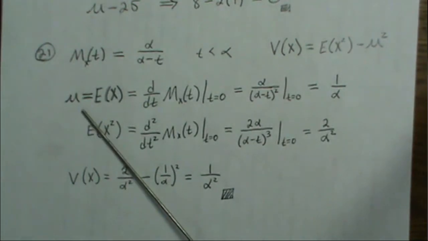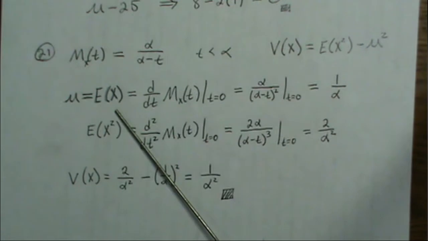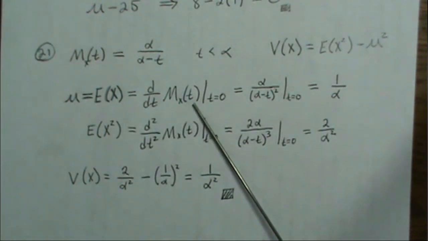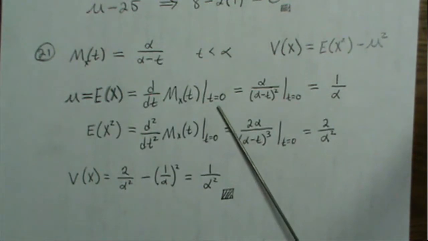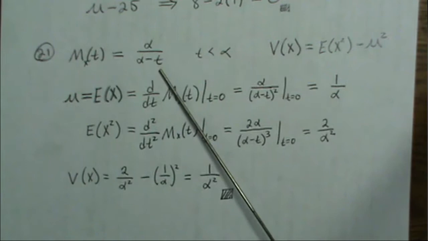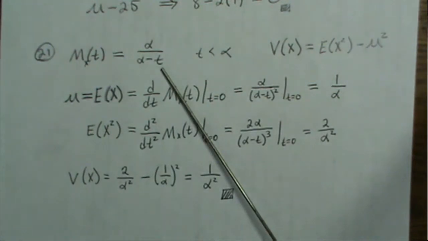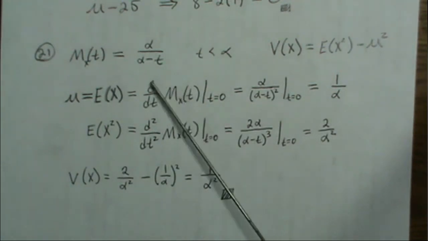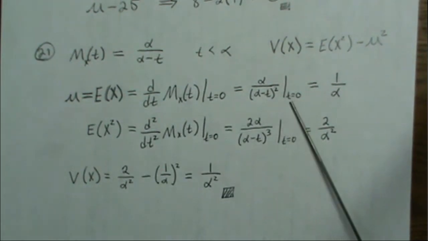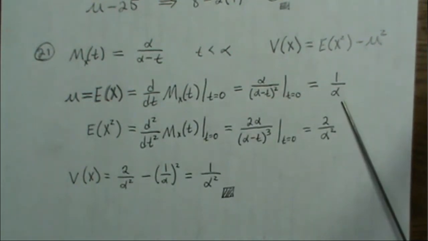So to find the mean, which is the expected value of x, that's the first derivative of the moment generating function evaluated at t equals 0. So we need to take the derivative of this with respect to t, and we get this. Now evaluated at 0, we get 1 over alpha.